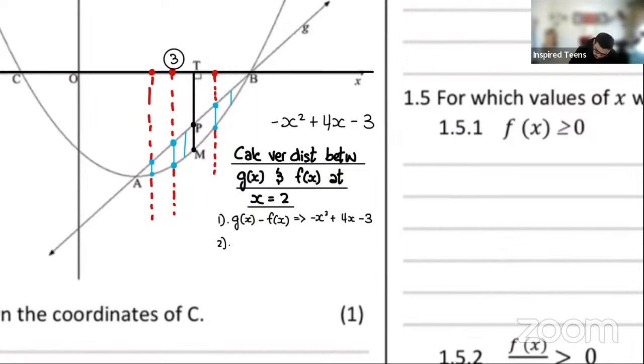So now all we have to do is simply substitute positive 2 in here, into 4 minus 3, and I'm pretty sure here we get 1 because negative 4 plus 8 is positive 4, and 4 minus 3 is 1. That should be correct. So now we found the distance between g of x and f of x at x equal to 2.